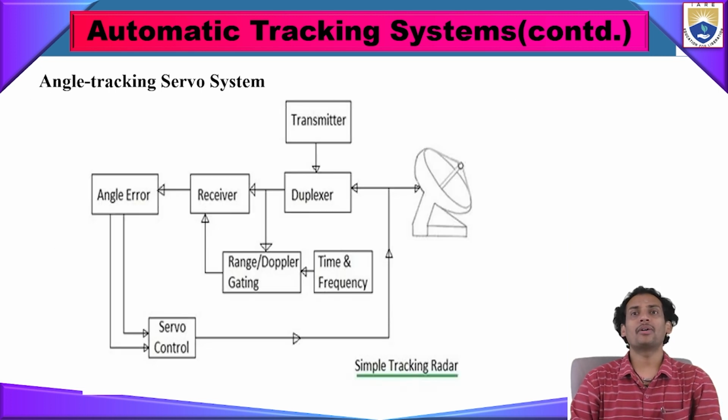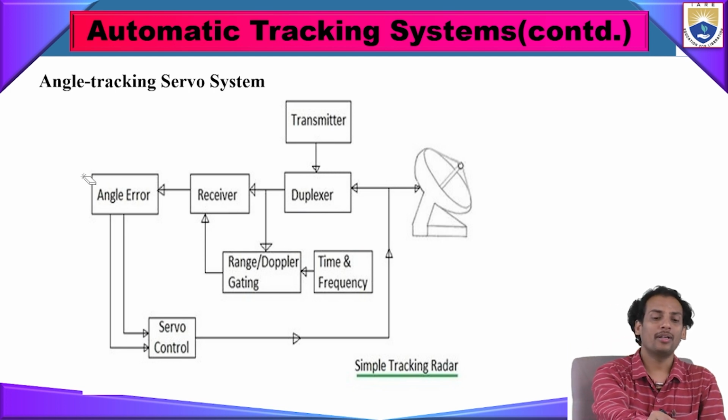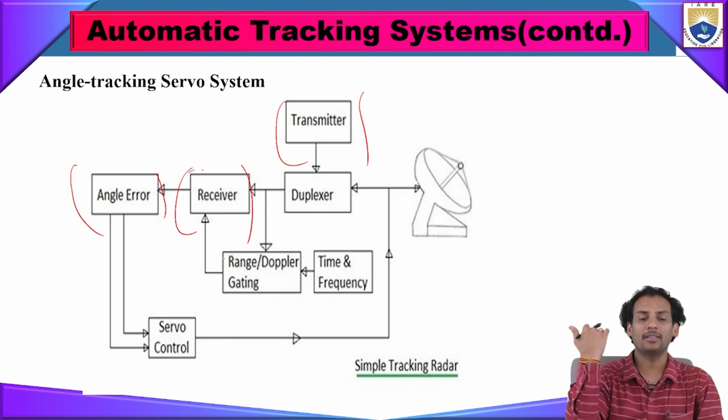So the block diagram of the angle tracking servo system is like this. See here, one separate block will be there, like the angle tracker, angular detection, and primarily one transmitter and the receiver for getting the signal.